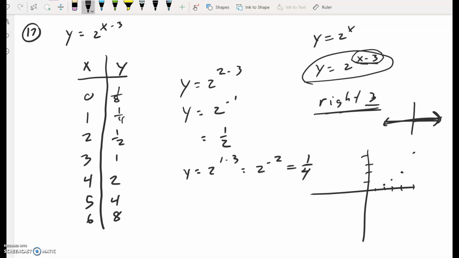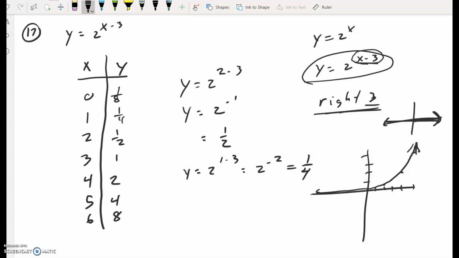When we put in 1, we get 1/4. When we put in 0, we get 1/8. And again, it looks like that exponential growth, but here it looks like we're approaching the x-axis. We're getting closer and closer and closer. This is actually called an asymptote, but we don't need to know that name yet. But we have this graph.